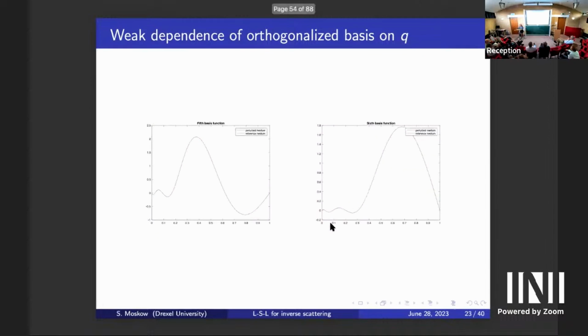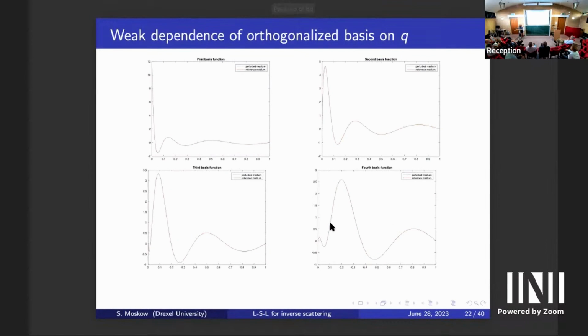It's cheating a little bit because these are for positive lambda values. I should point out these are for positive values of lambda, so they're diffuse solutions, which makes the inverse problem harder.